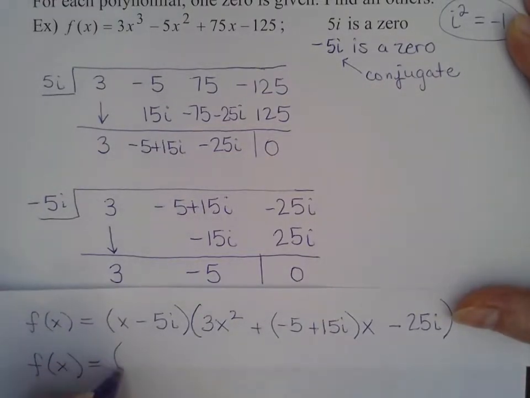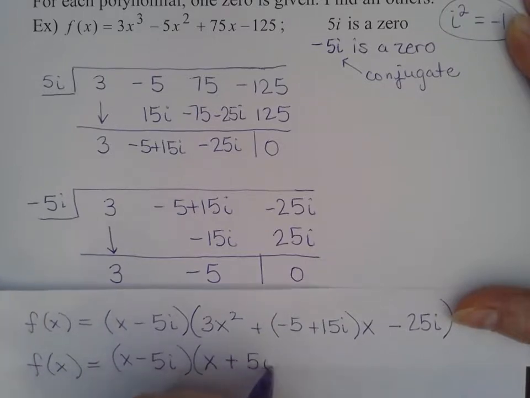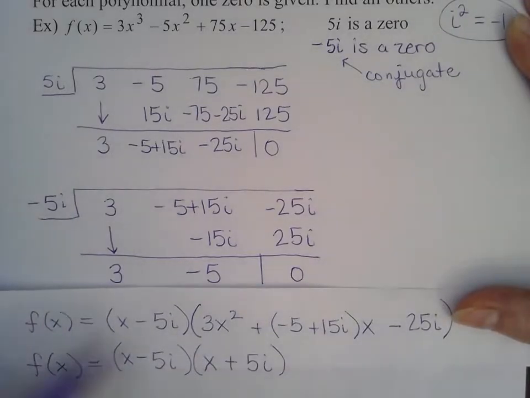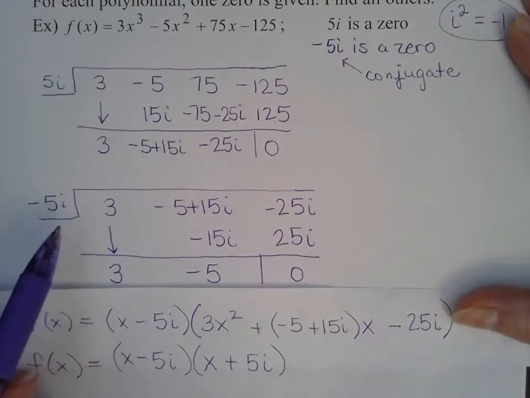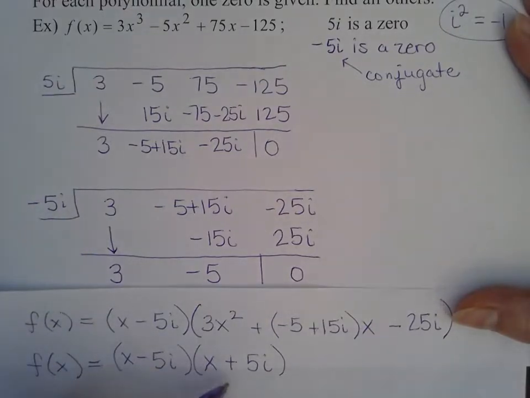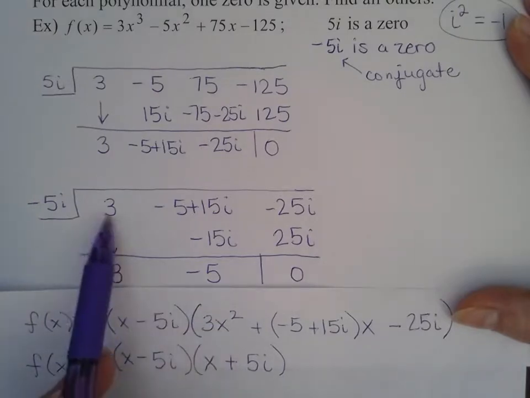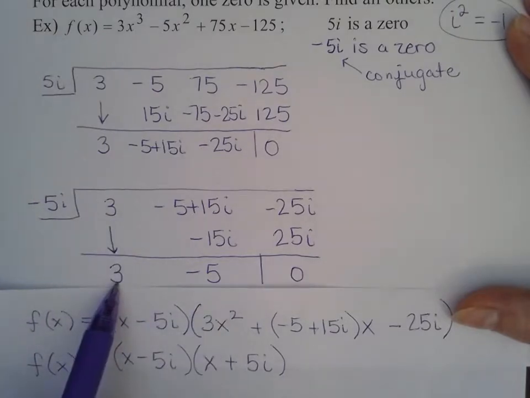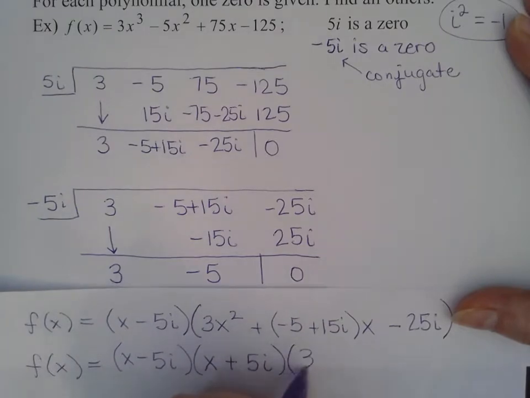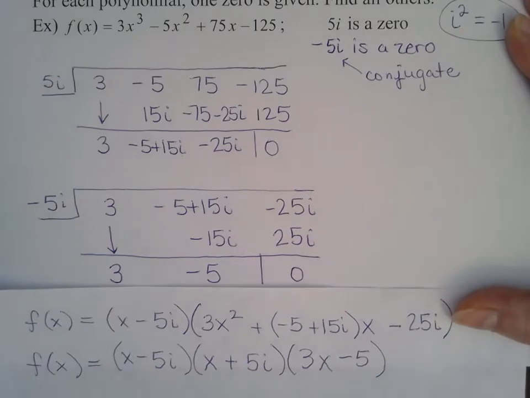I have x minus 5i from the first step, and I have x plus 5i, or x minus negative 5i, and those two negatives would make a plus. And here's what I have left. I was at 3x squared, but I'm going to go down 1 power of x. So I have 3x minus 5 left over.